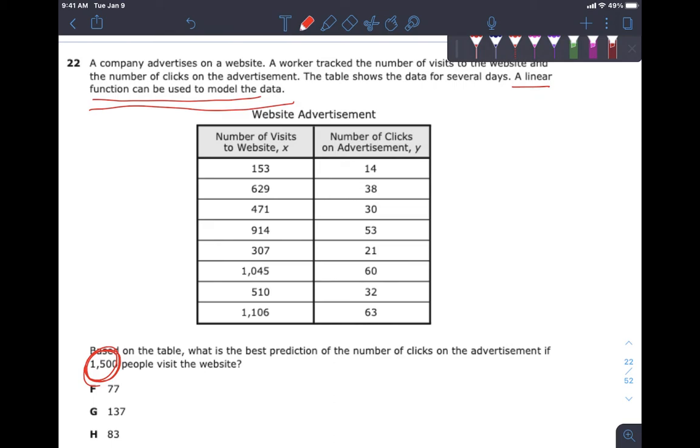So first thing I'm going to do is type in all of this data. Now, that might drive you a little crazy, but for any problem where they're talking about a quadratic or an exponential or anything, you always want to type in all the data. Because if I miss one little data point, that's going to completely throw off my answer.